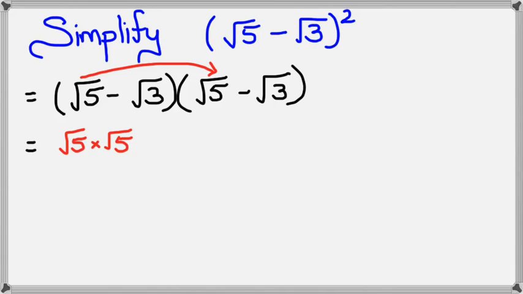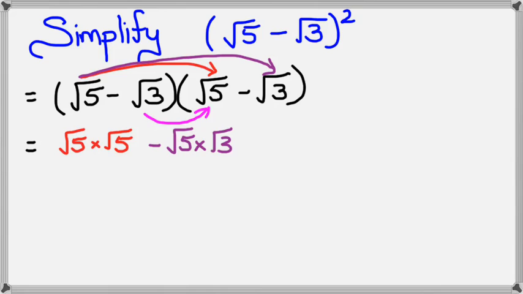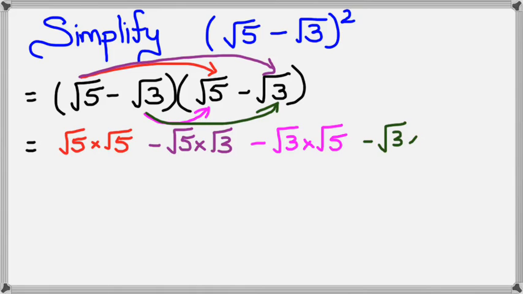Next, I'm going to look at these two terms, so it'll be take away square root of 5 times square root of 3. Then I'm looking at the pink line here, which is square root of 3 times square root of 5. And finally, the last, which is negative square root of 3 times negative square root of 3.